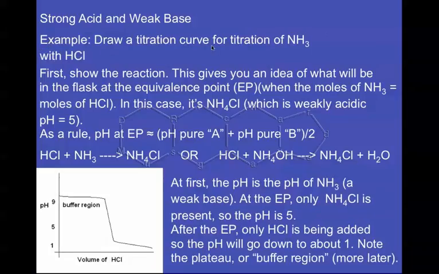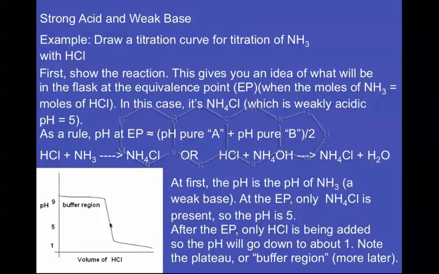We can also do a titration of a weak base with a strong acid. So we start out with NH3, which is a weak base, with a pH of 9 initially. We get this buffer region, this plateau again in this case, and then we keep on adding the HCl and the pH will drop. After the HCl has eaten up all the NH3 that's in the solution, we're just left with NH4Cl at the equivalence point.